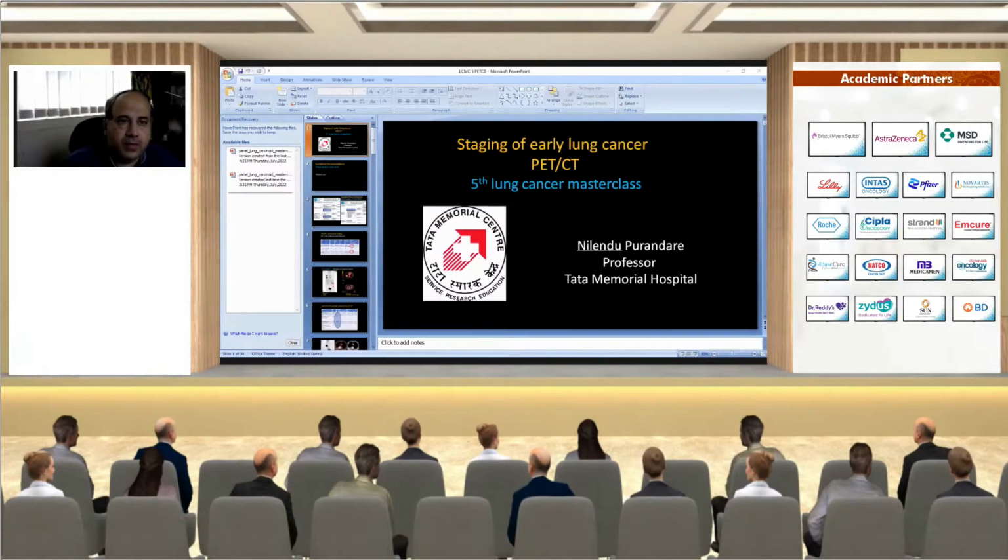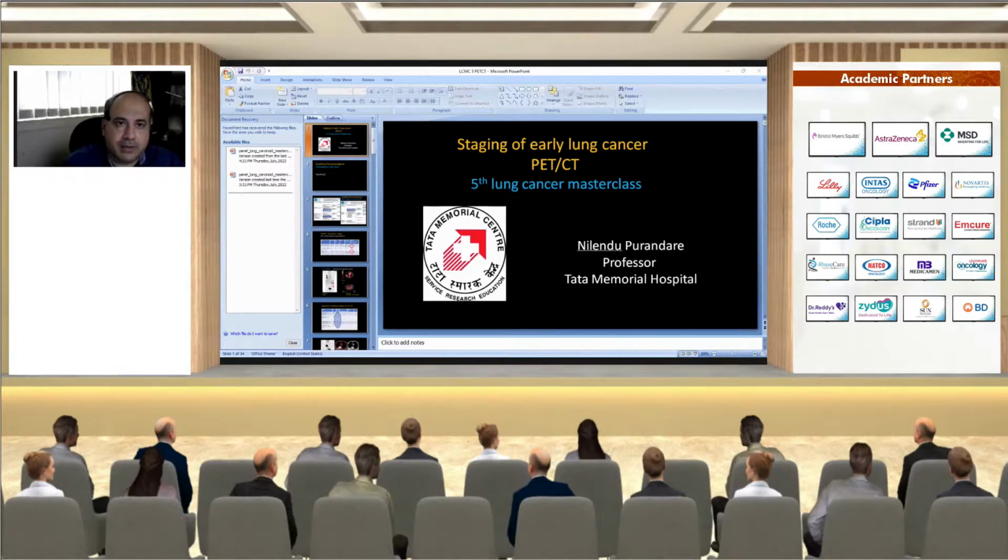Now, we all know that all guidelines and recommendations for staging of lung cancer recommend the use of FDG PET-CT. Now, why is it so? Why do all the guidelines and recommendations recommend the use of FDG PET-CT?